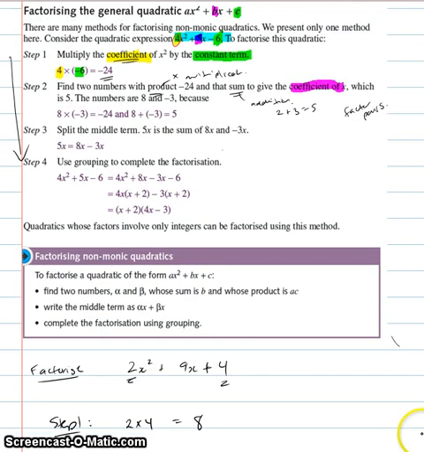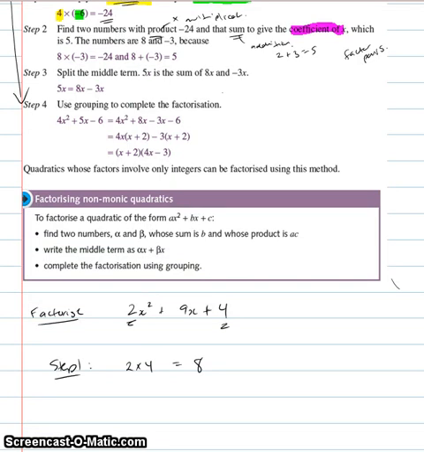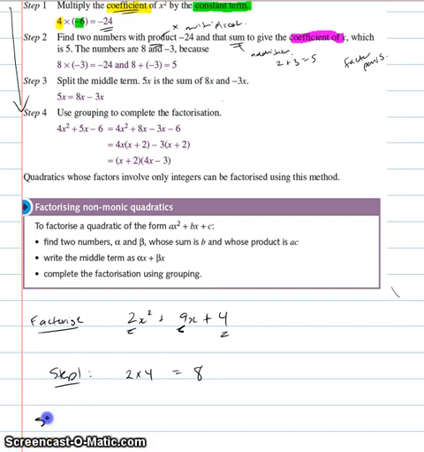Step 2, find two numbers that multiply to give positive 8 and sum to give the coefficient of x, which is positive 9. So step 2 is working with factor pairs.